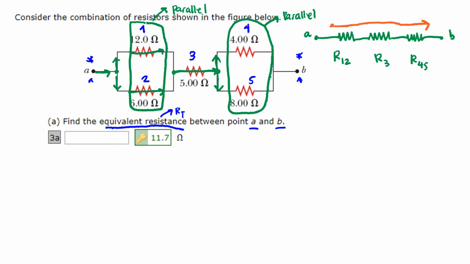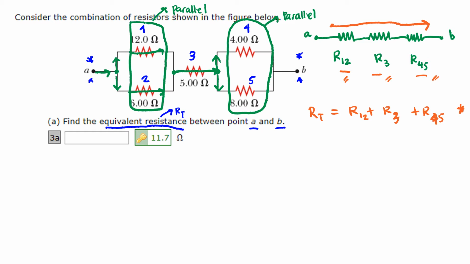And therefore, we could just solve the equivalent resistance of these three resistors using the formula RT is equal to R12 plus R3 plus R45. Again, this is because R12, R3, and R45 are in series, and this is the formula in solving for the total resistance of resistors in series.